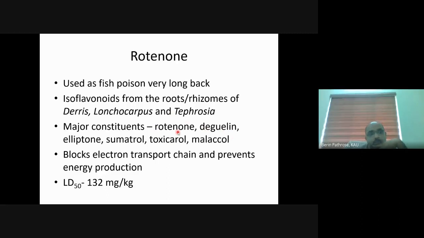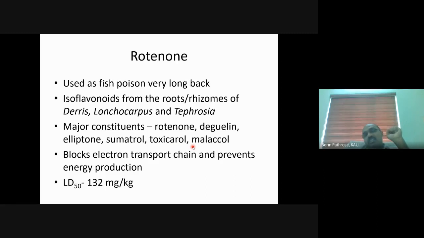Chemically these are flavonoids, and it acts on the mitochondrial electron transport chain and prevents the synthesis of ATP.